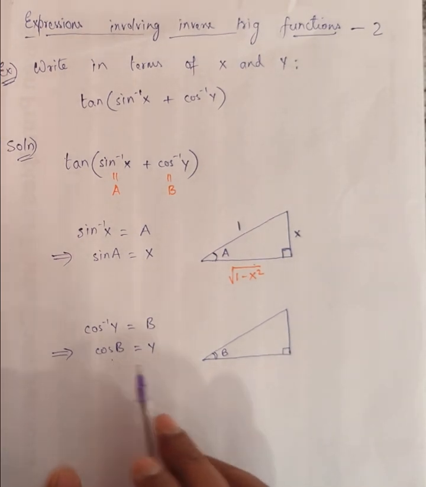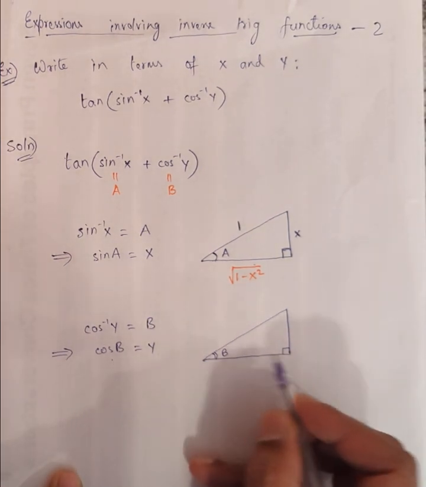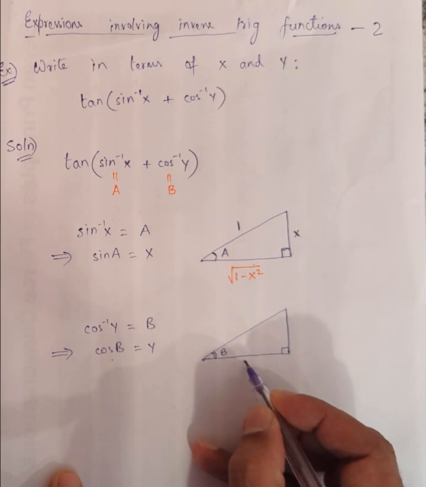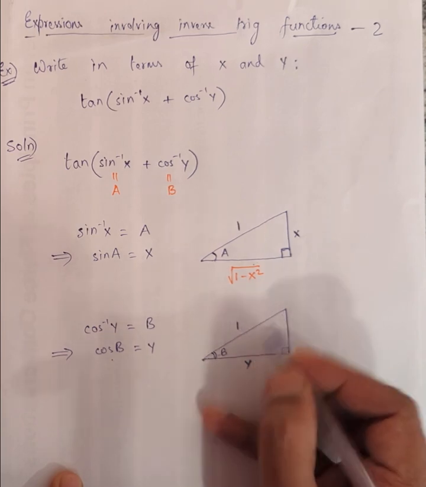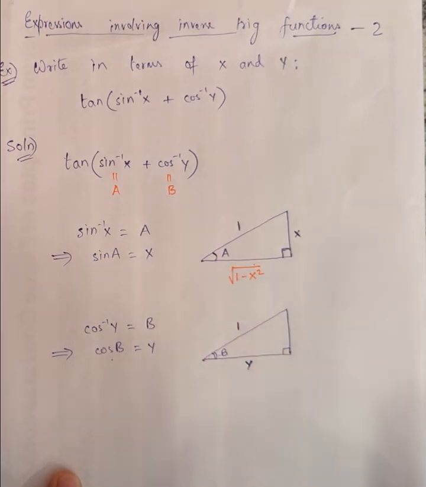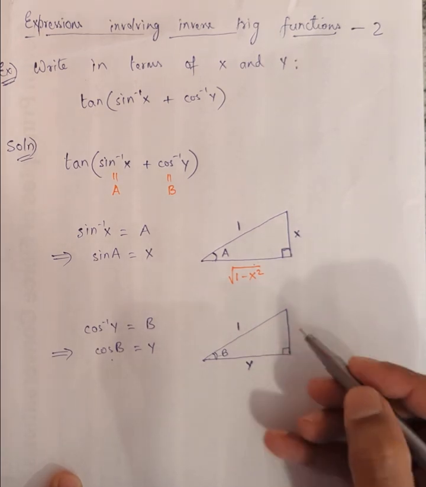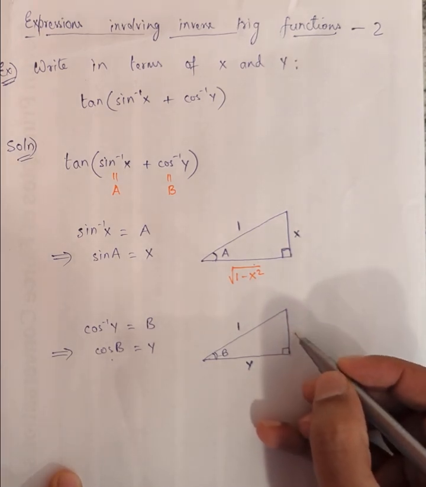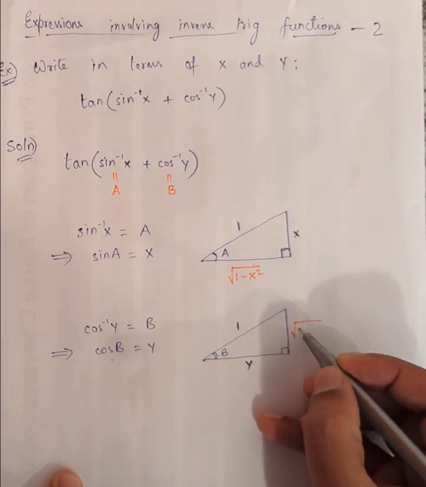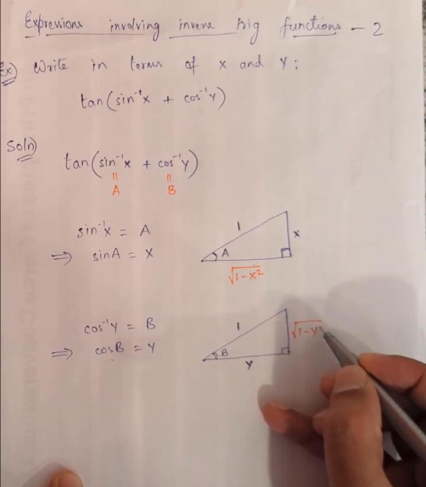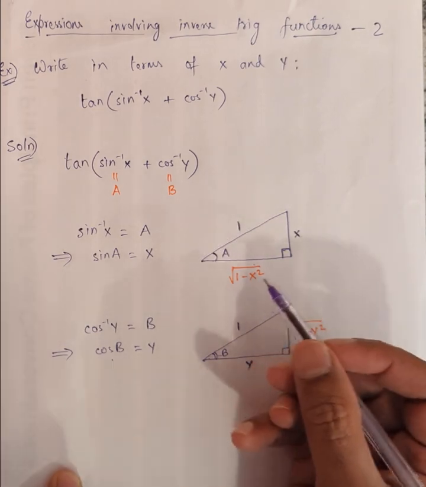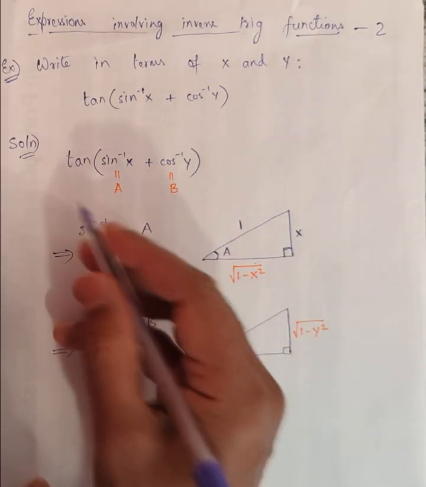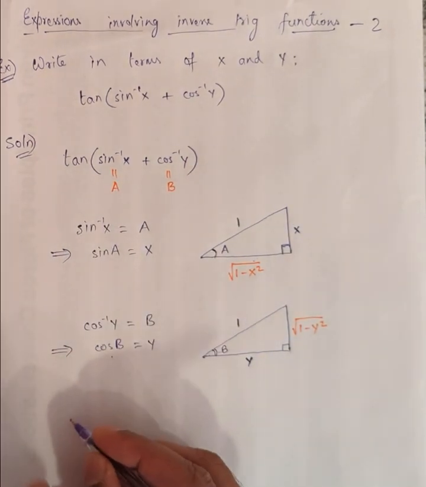And cos is adjacent over hypotenuse. So I want to write the adjacent to B, which is this leg, over 1. And hypotenuse is 1. So again, using the Pythagorean theorem, I can get this leg as square root of 1 minus y square.